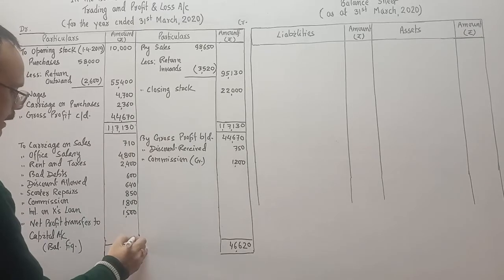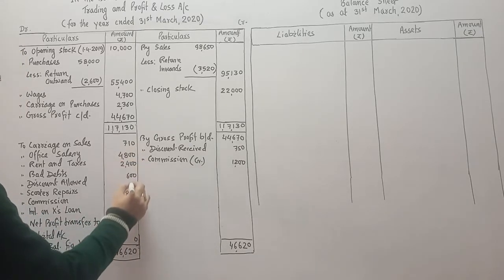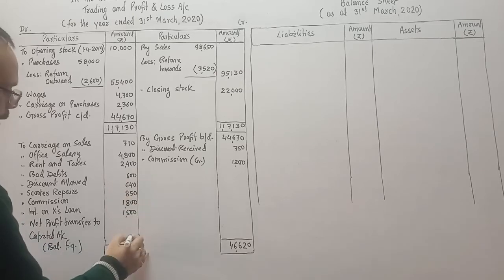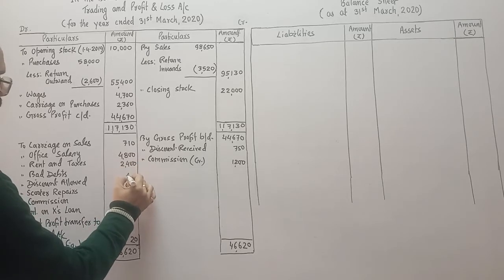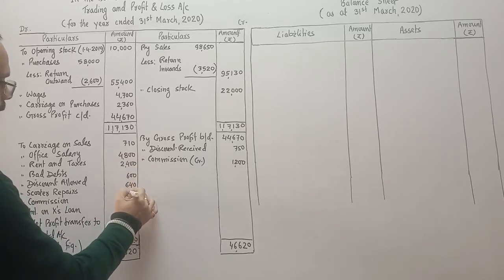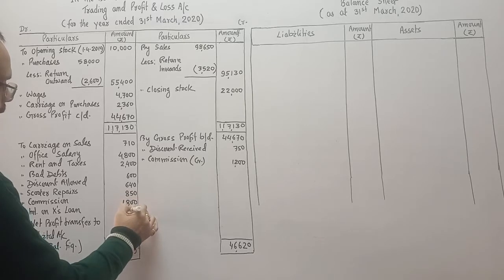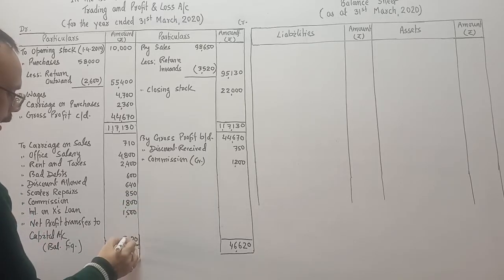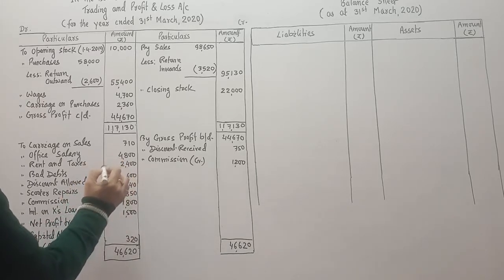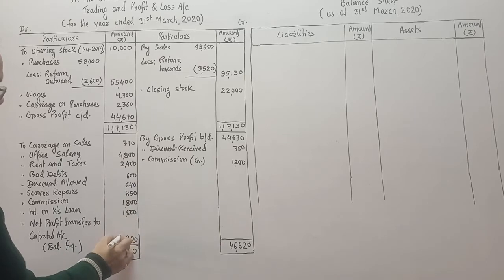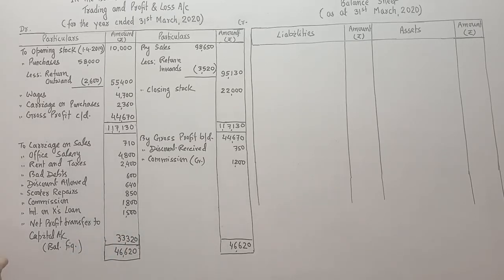So see the balancing figure: 33,320 is the net profit.